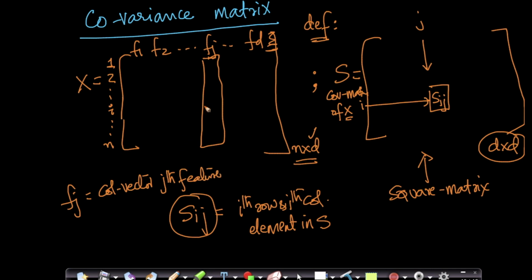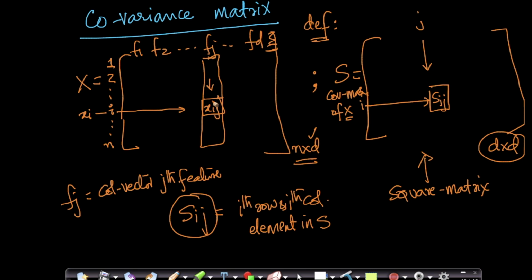Take any element. For example, let's assume one corresponds to the ith data point and the jth feature. I'll write this element as Xij, just like Sij.